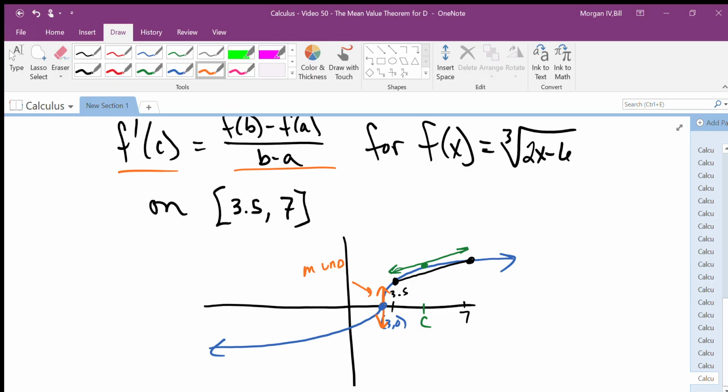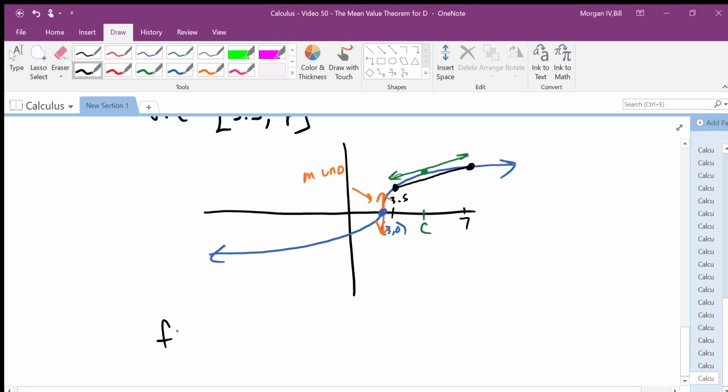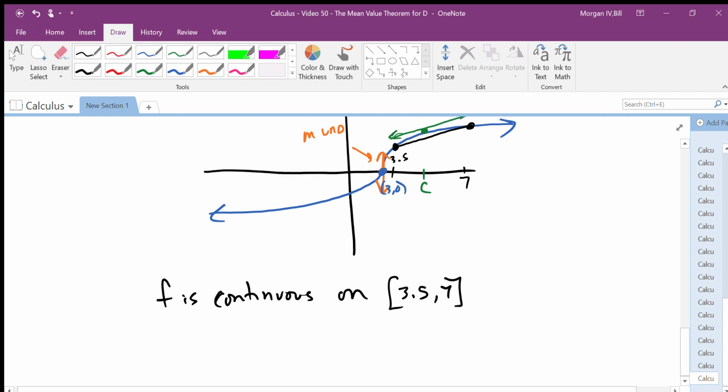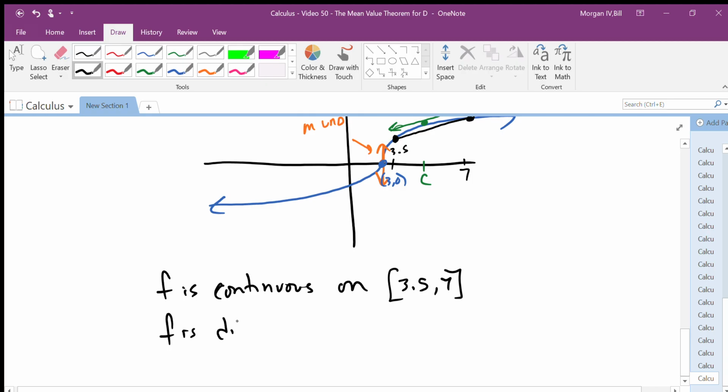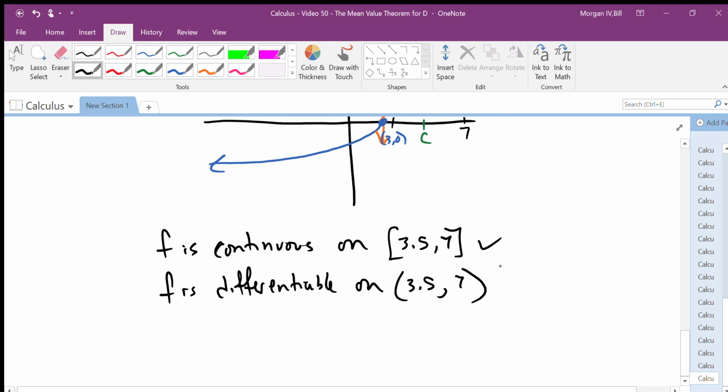the function is differentiable. So we have that f is continuous on the interval [3.5, 7]. And we have that f is differentiable, not everywhere, but on the open interval (3.5, 7). Because we can say those two things, we can now use MVT. What do we mean by use MVT?